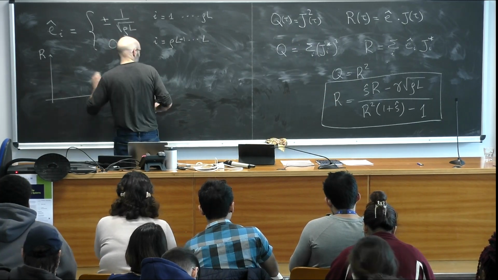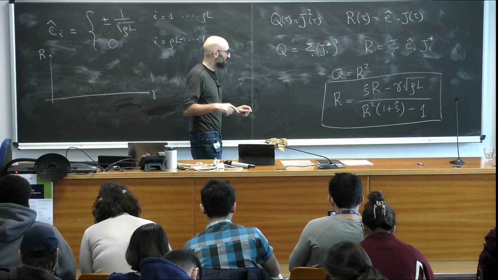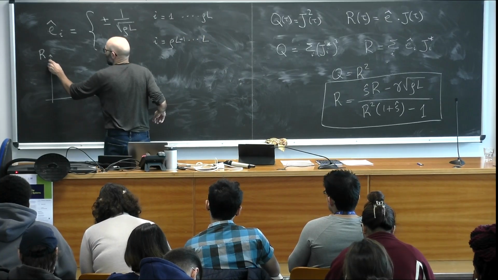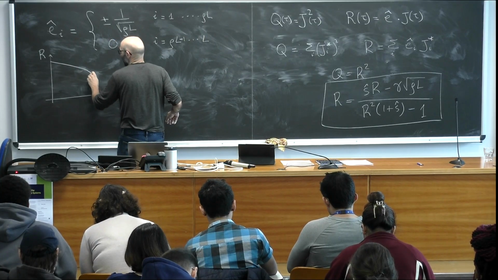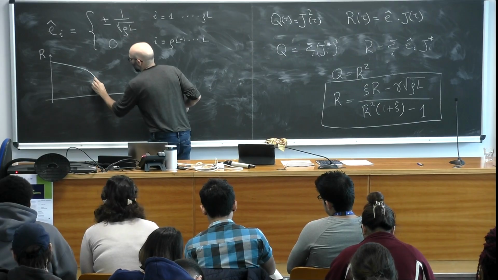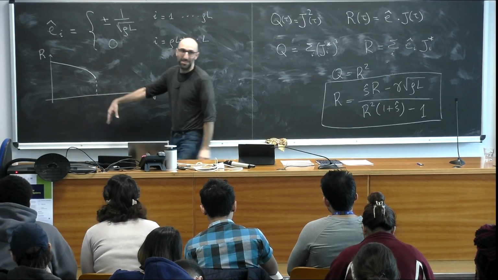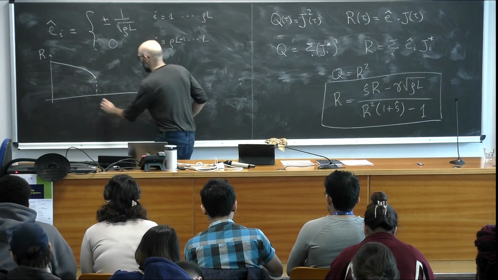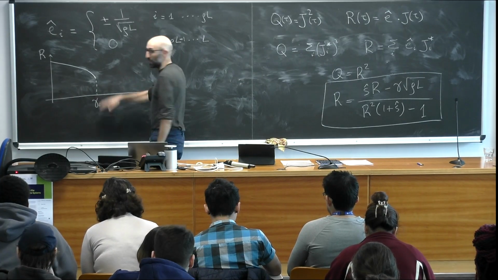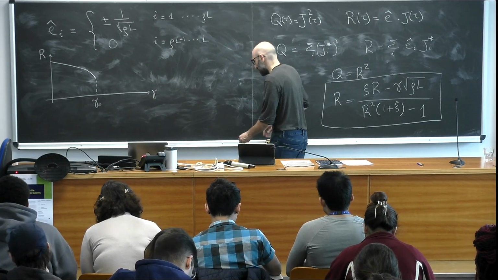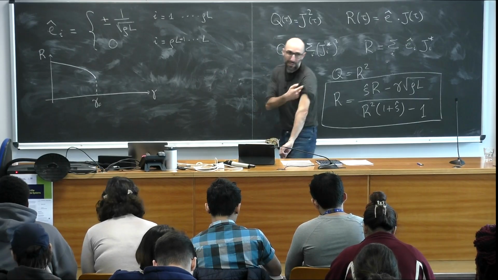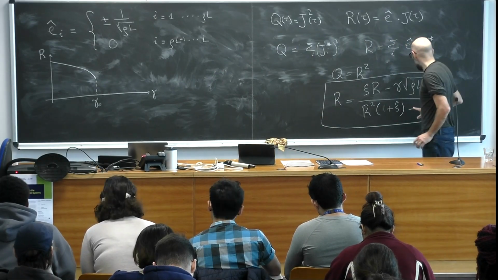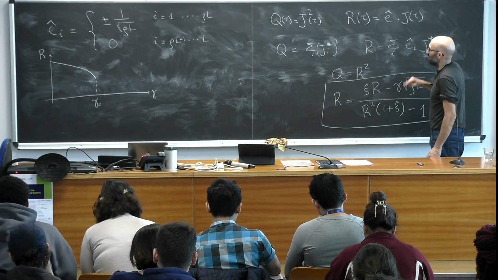And what happens is that when gamma is small enough, you have a non-zero solution that will do something like this. And then it disappears at some point, and you have a first order jump to 0. Okay?